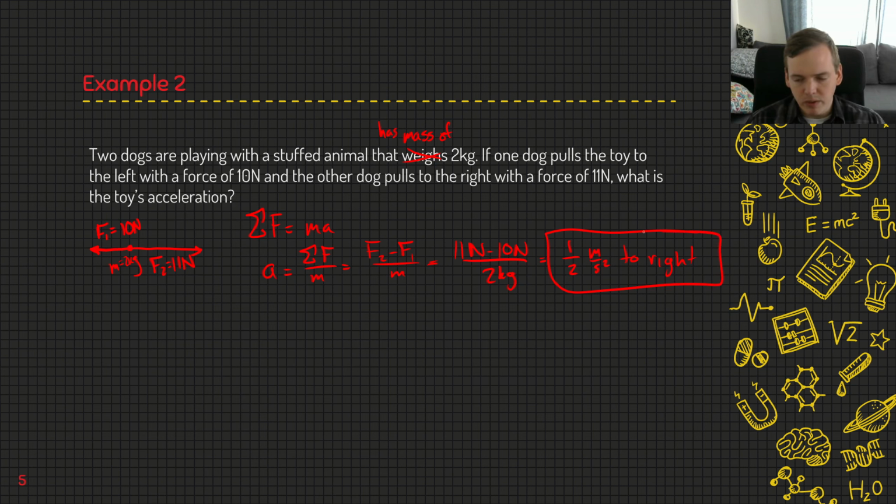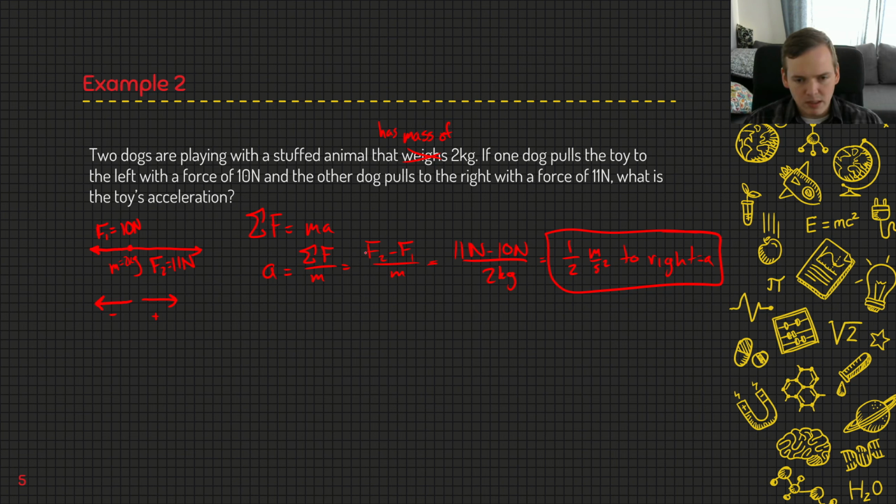Again, we need to include our direction. You'd be okay if you wrote something like this to indicate the directions positive and negative, and then you could just leave this as positive 1/2 meter per second squared. But this shows what our acceleration is, and that's our answer.